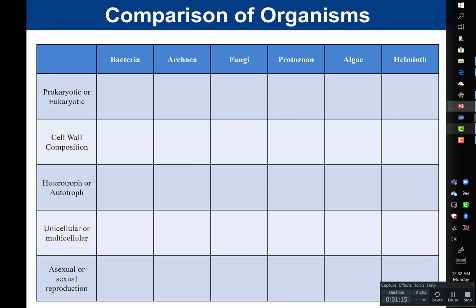Are they unicellular or multicellular or both? Do they reproduce by asexual reproduction or sexual reproduction or both? So I want you to take some time and fill in this table by yourself first, and then you will discuss it with a group of people in a Zoom meeting, and we will talk about and fill in this table together. But you should work on this on your own first, and then you will discuss it with a group.